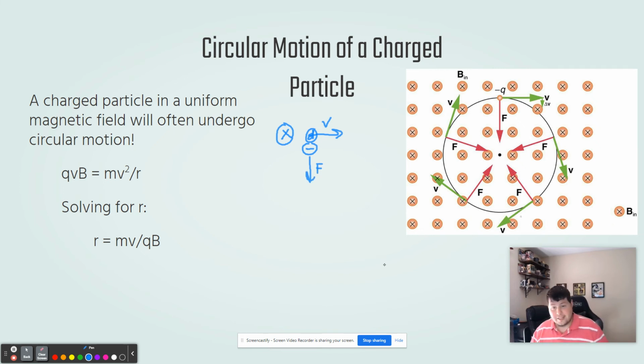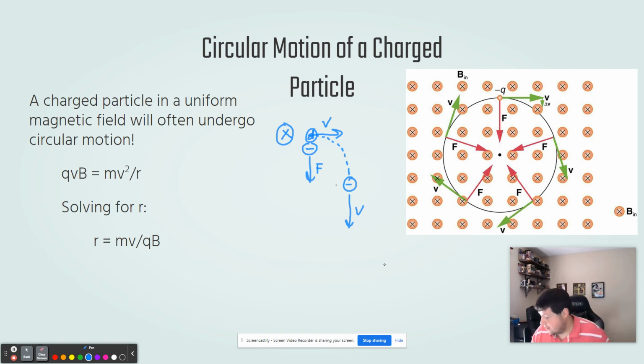Well, the idea behind this diagram here is if the force is downward, but it's moving to the right, that's going to cause the particle to move in a circular fashion. Here, then, if you have your negative charge, it's now moving downward. So if you did the right-hand rule, the velocity's downward, the field is still into the page for my B, and now my force is to the right for a positive one.